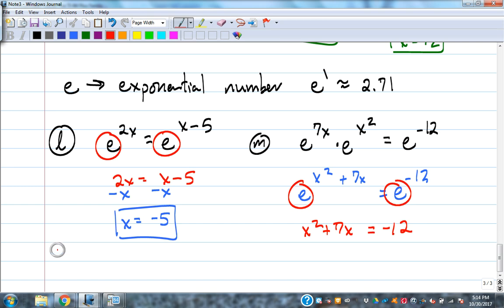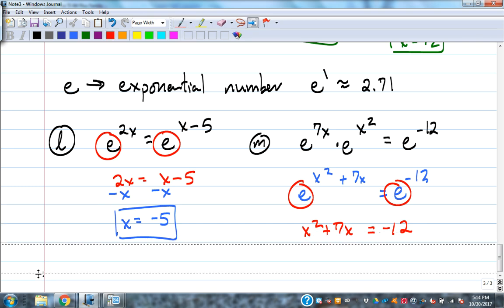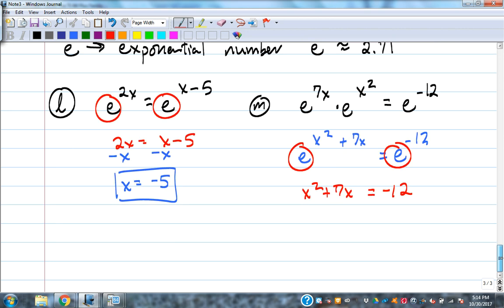So how do we solve that? Can't take square roots because it's got the plain x term in it. So we got to get it equal to 0 first. I'm going to add 12. And then now I've got a, b, and c. I could do quadratic formula if I wanted to.